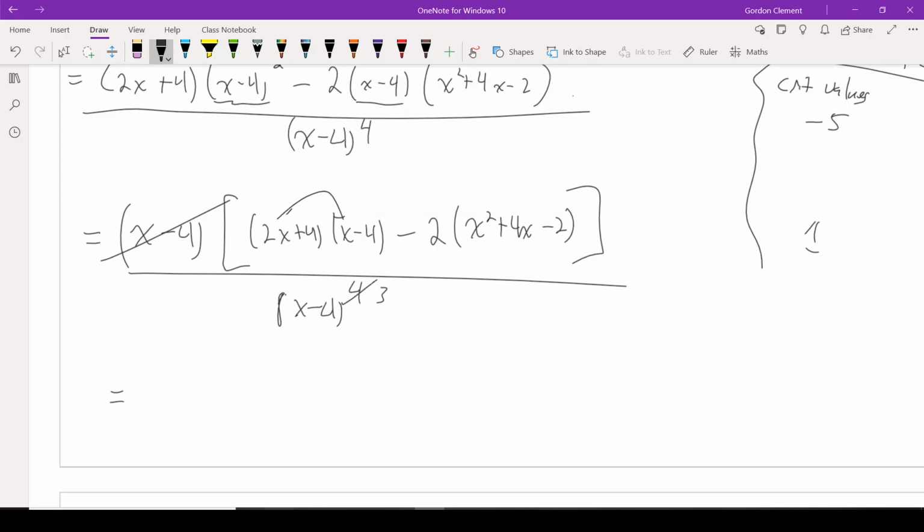And then we're going to expand the top. So we're going to get 2x squared, we're going to get minus 8x, but then a plus 4, so minus 4x. And then a minus 4 and a plus 4 is going to make minus 16. And then I'll multiply the negative 2 through the second bracket.